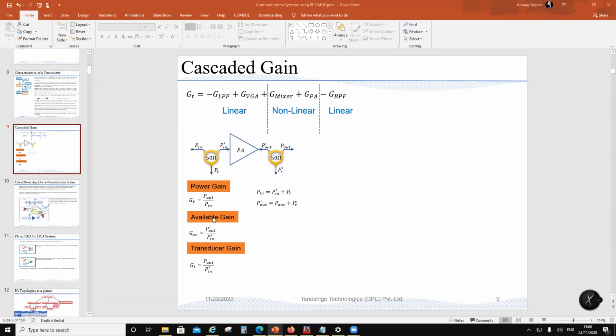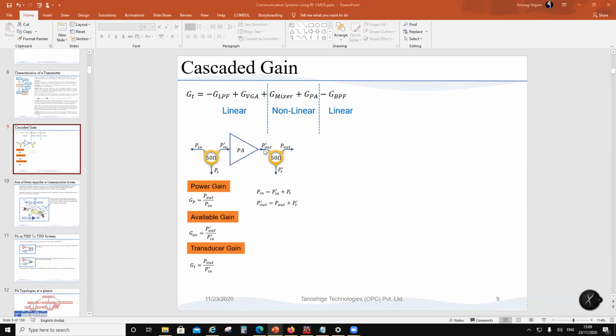In that case, the available gain is the maximum gain, but I am going to talk about power gain. In power gain, the mismatch at the input and the mismatch at the output, both are inclusive. So it is a power gain, P out versus P in, while available gain is P out dash versus P in dash. Here I'm assuming it is conjugately matched on both sides, then that will be available gain.